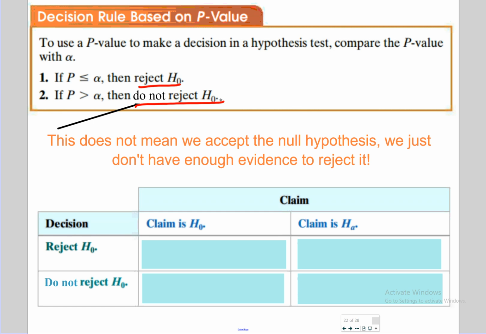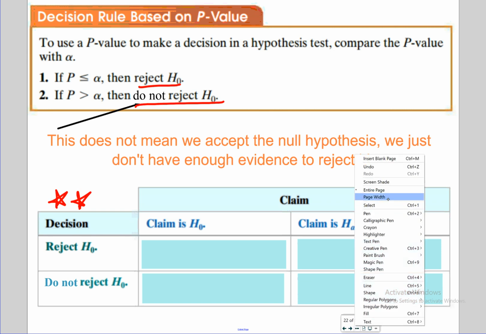What we want to look at is this claim decision chart at the bottom. I would put a big star by this, because when you do hypothesis testing, you're going to refer back to this set of information pretty much every single time. Our math is going to tell us either we reject or we don't reject the null. And then what's underneath these little boxes here is your summary statement on what that means for our hypothesis testing.